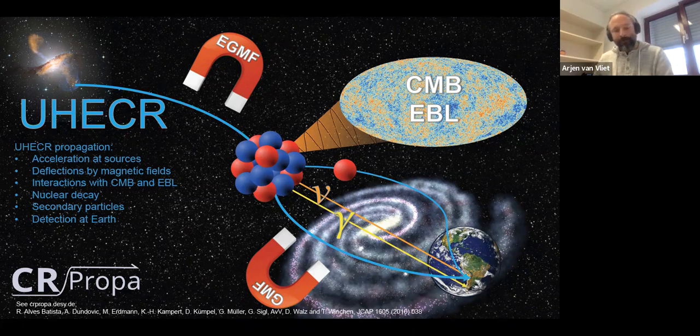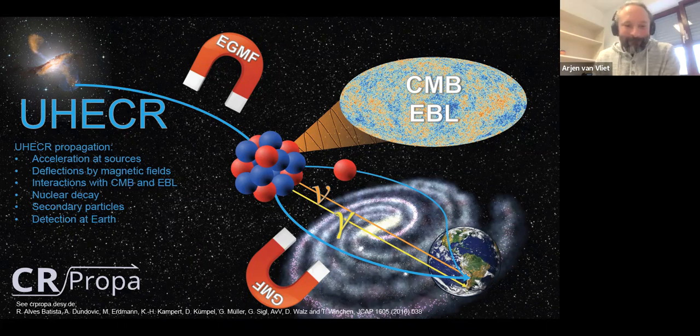To use these measurements and say something about the sources, we have to model all this that's happening in between. For that purpose, we have developed the code called CRPropa. There are several other codes out there as well, but as one of the authors of this code, I would like to highlight this one, of course.